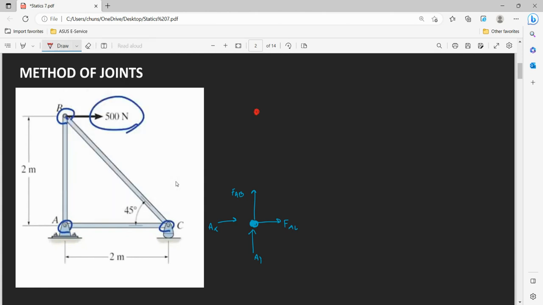We also have FAB pointing here, FBC, and an external force of 500 newtons. C is a rocker, so we have a normal force, which I'm going to call NC. This is FBC and FAC. By splitting all of these pins up, we can simplify it and solve for any unknowns. Here in total we have 1, 2, 3, 4, 5, 6 unknowns.